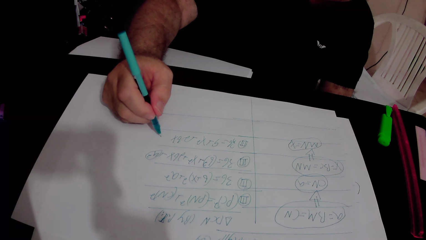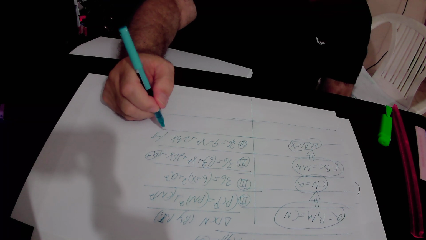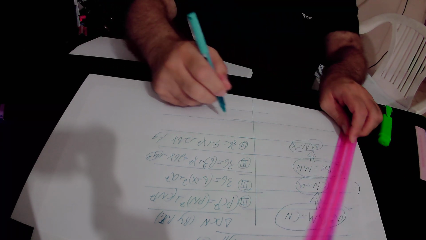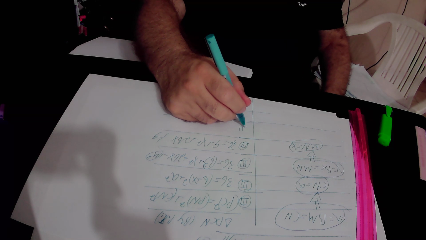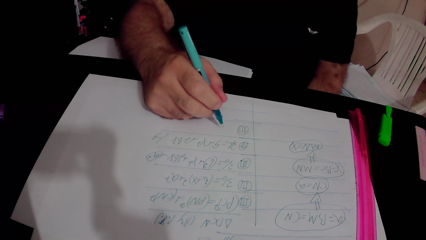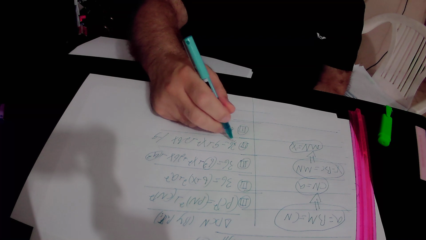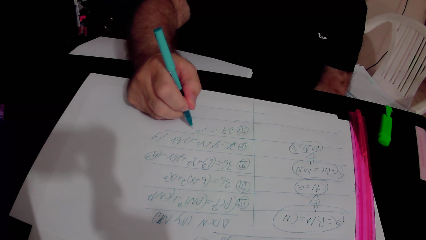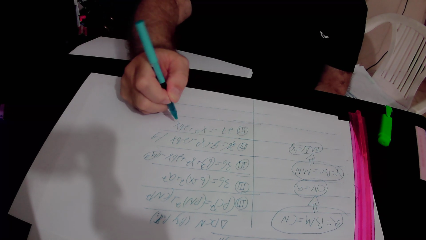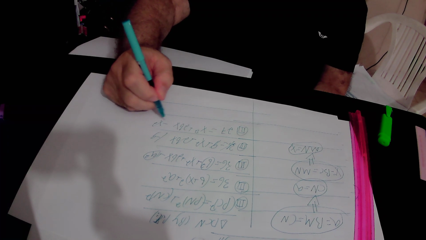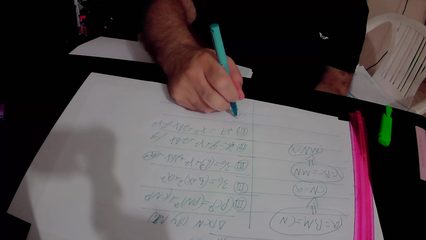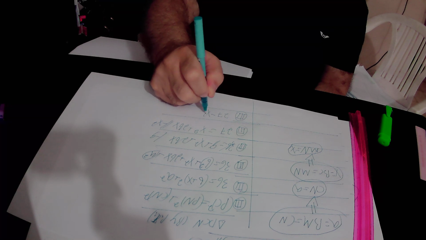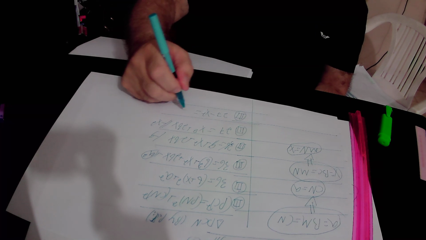Here we subtract 9 from equation number 3, and we get that 36 minus 9 is 27, that is equal to X square plus 2BX. Here we subtract X squared from equation number 3, and we get that 27 minus X squared equals 2BX.